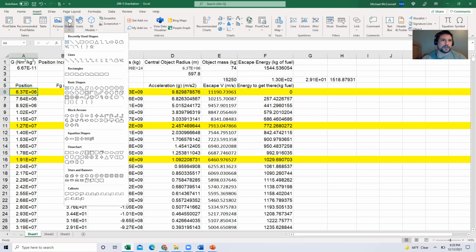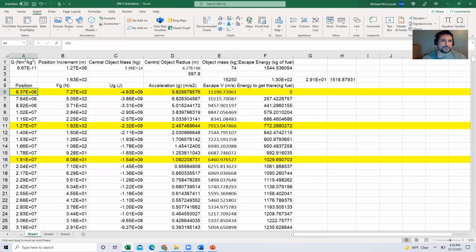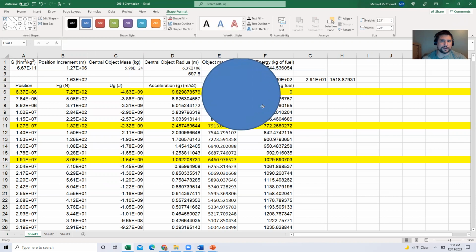If I really wanted to have a shape in here that would demonstrate that, I'd be looking at a circle that is centered on the surface there, and a little bit smaller than that actually.